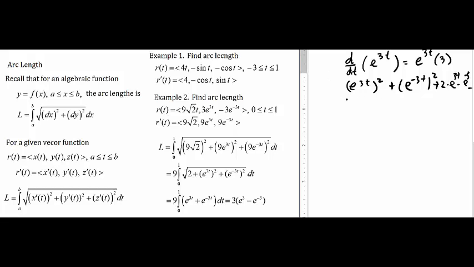You can see that this comes out as e to the 3t plus e to the negative 3t, squared. Because e to the 3t times e to the negative 3t is just e to the 0, so it is just 2, which you can see exactly here. So that is basically e to the 3t plus e to the negative 3t squared under the radical sign, so that's why the radical removes.